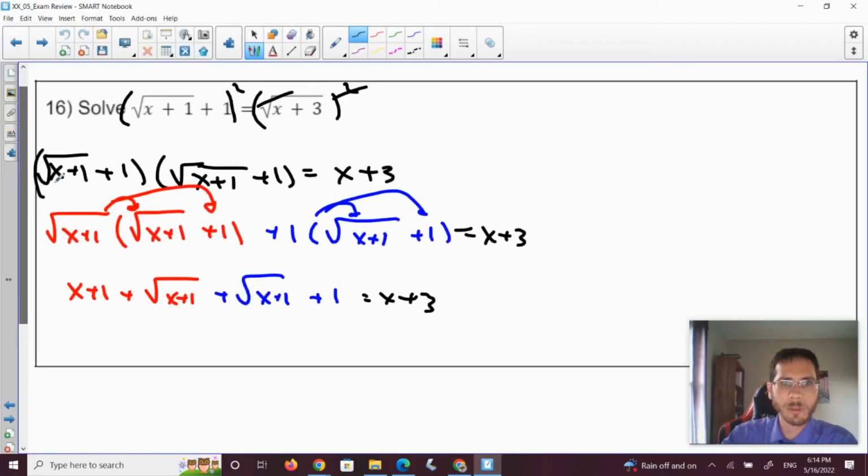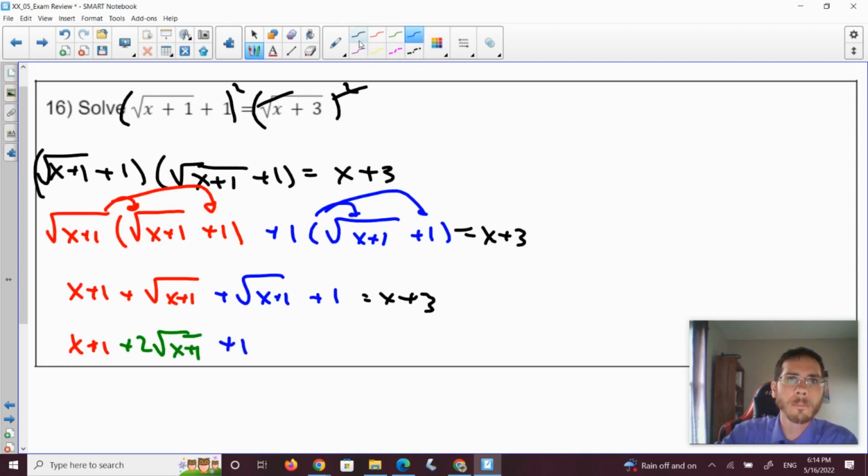All right, I got my x plus 3 to show up. So we'll combine our like terms here. What I want to note before I fully combine all the like terms is we've got x plus 1 plus 2 radical x plus 1s plus 1 equals x plus 3.